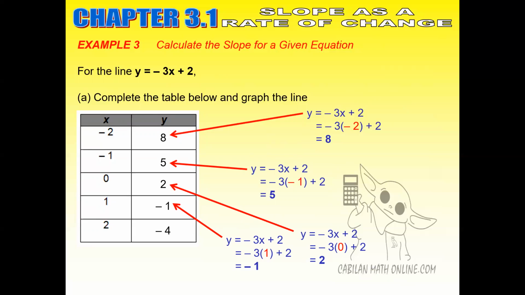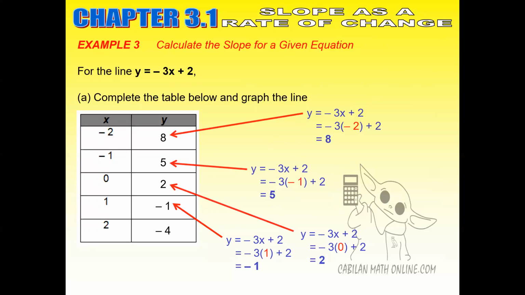And last but not least, if you put in the 2 for the x, that will give you negative 4. If you try that on the side, you should get negative 4. That's our very first step. All we've done so far is take each value of x, put it into the equation, and come up with the y.